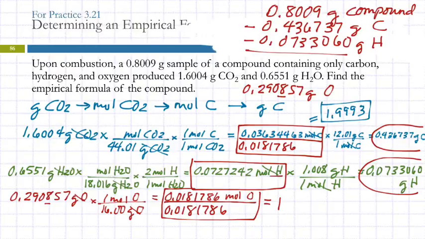And then for the hydrogen, 0.0727242 divided by 0.181786. For the hydrogen, I'm getting a ratio of 4.0005.